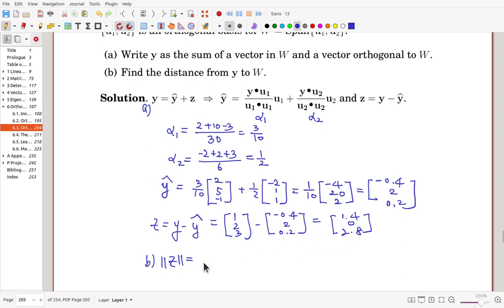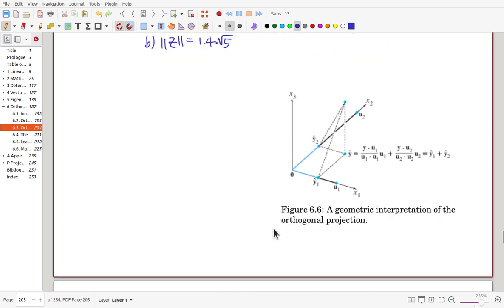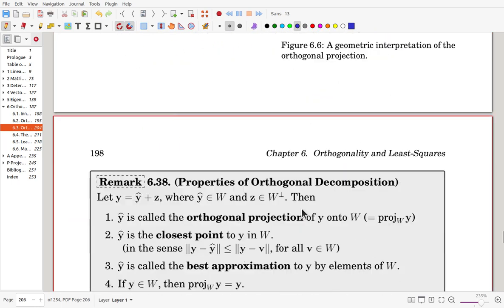For this one, in fact, you can write it this way: 1.4 times (1, 0, 2). So the norm of z is the same as 1.4, the constant coefficient, times the square root of 5. Okay. 1.4 times the square root of 5. That's the answer.